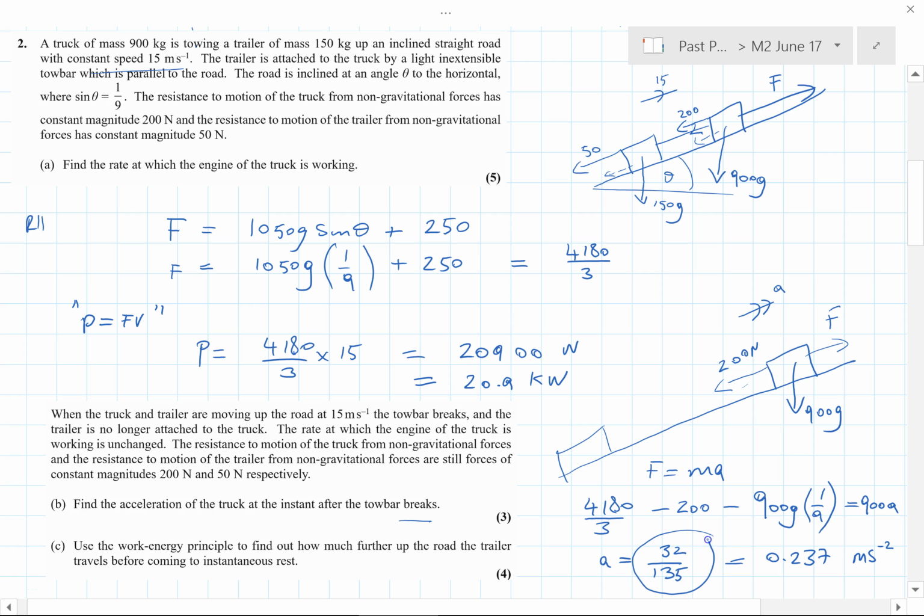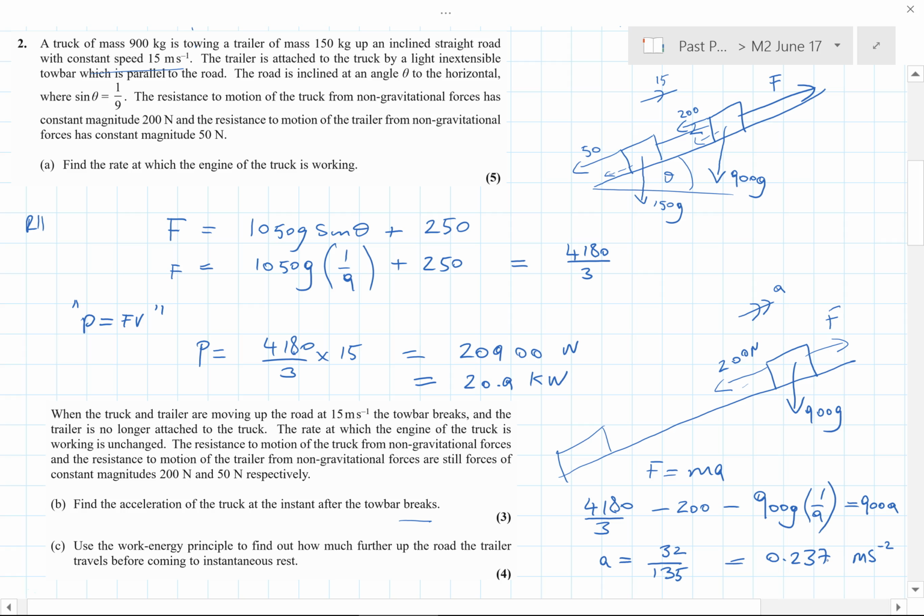The reason why the fraction is not accepted here is because we've used g is equal to 9.8, which is an approximation. So if we've used 9.8 in our calculations, we're implying that we think this is exact if we leave a fraction. So that's why it's not accepted, because this is an approximate answer which we're given as a fraction, which is not allowed. Whereas an approximate answer given as a decimal to 3 or 2 decimal places is fine.